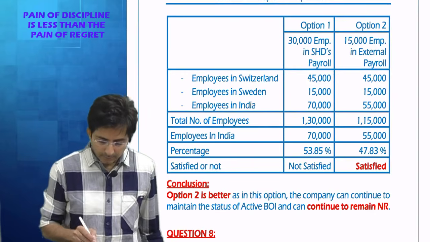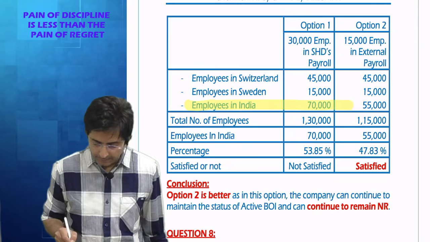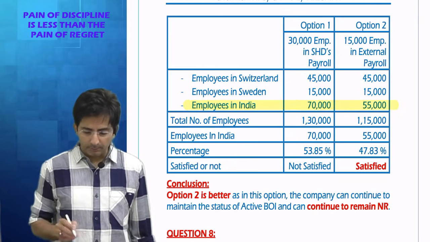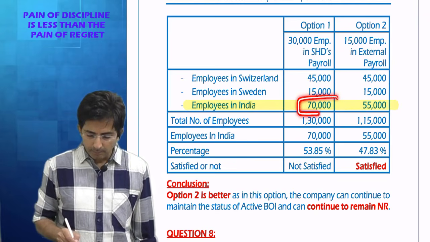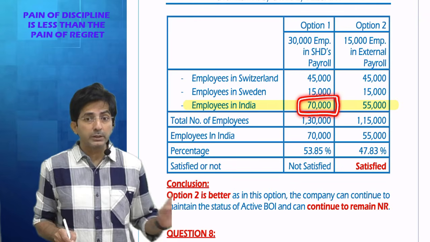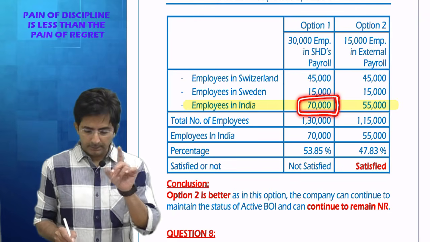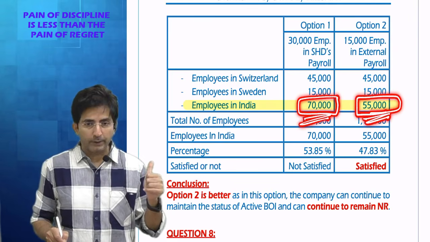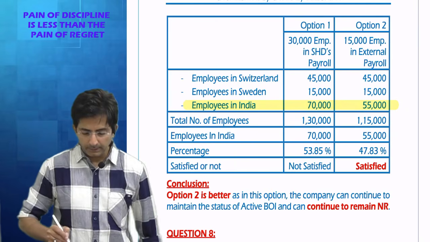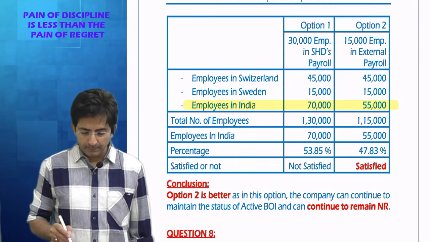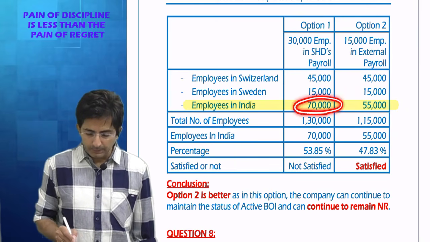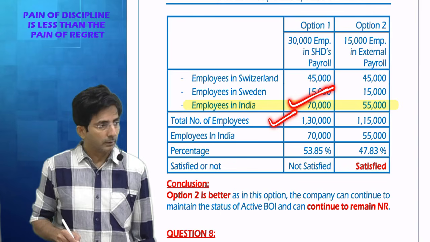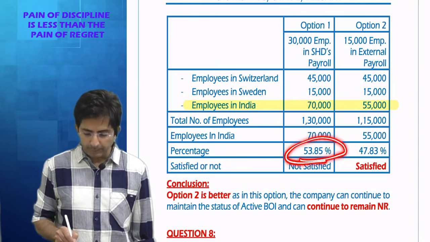See, can you see the change which I highlighted here? Everything else remains the same in the question. What has changed? The number of employees in India, which was originally given as 40,000 in the sum, here it will be 70, and here, which was given as 40, it has become 55. So tell me, where is the percentage affected? Here the number of employees in India is 70,000 out of 1,30,000. So the percentage is 53.85.